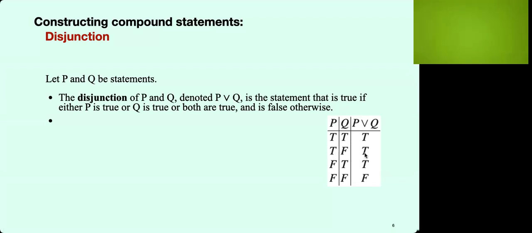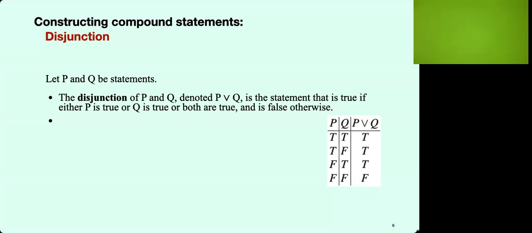But the disjunction, the or statement, P or Q, is still true because one of the two components is true. Similarly, if P is false, Q is true. The disjunction P or Q is true because Q is true. And if P and Q are both false, that's the instance where the disjunction is false as well.